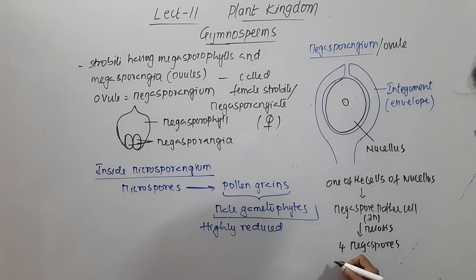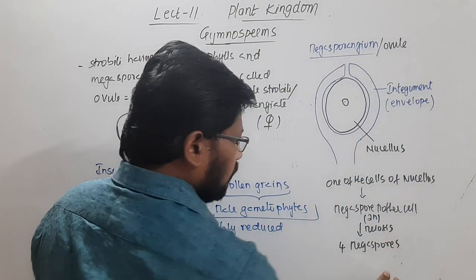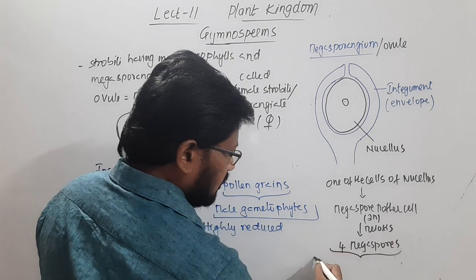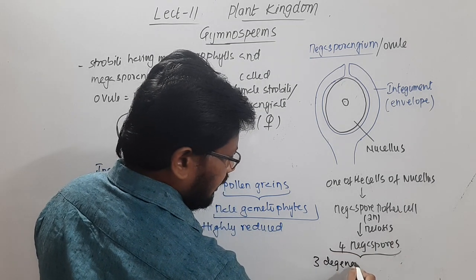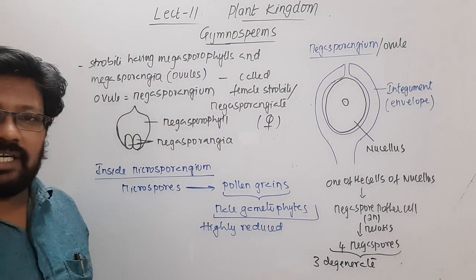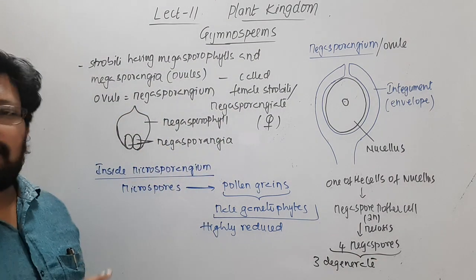So out of four megaspores, three will degenerate and only one remains functional.